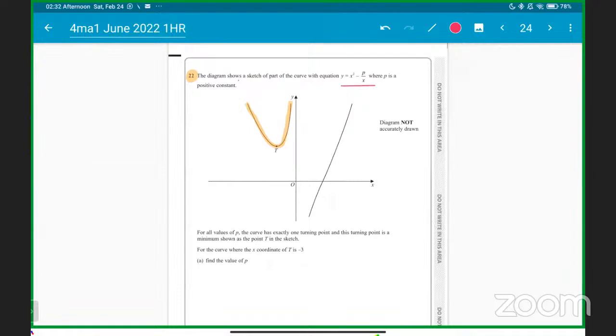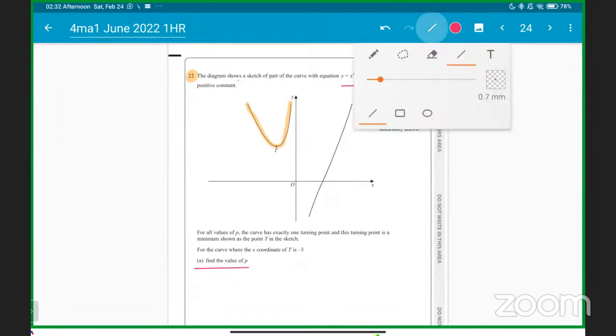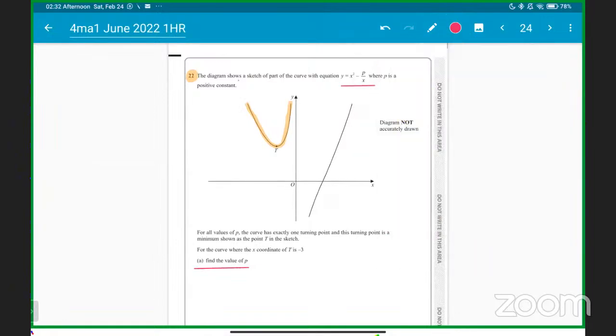It's almost a similar type of question, but we need to understand in clear detail. So p is some constant that we have to find the value of. And we have a point here as well, which is T, okay, understood?